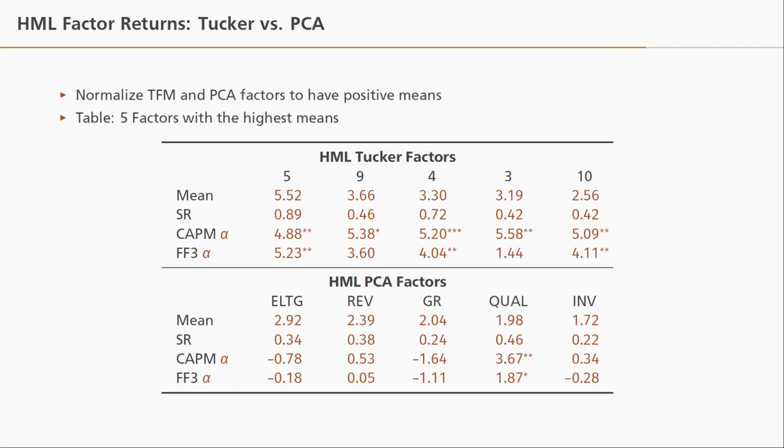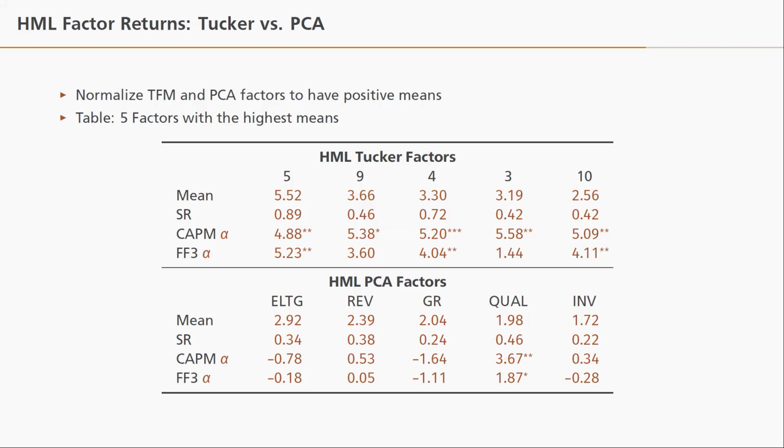So just to look at some returns. These are the 5 Tucker factors with the highest mean returns, and these are the 5 individual characteristics with the highest mean returns, right? So this sample is a little unusual, right? Because a lot of the classical factors over the sample period have been much weaker. Okay. So if you compare the Sharpe ratios, for example, they are uniformly higher than the Sharpe ratios of the factors based on the individual characteristics.